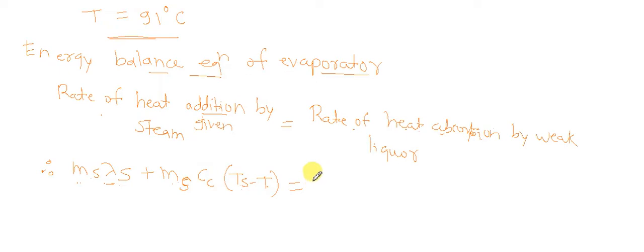So I write here mw, which we know, then its heat capacity is given, 4.18718 into 10 raised to 3, that we know. Then its temperature increases from Tw to T, so we take T minus Tw, plus mv into lambda v.